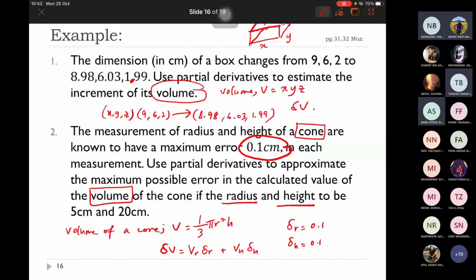This is the partial derivative. Try to get Vr. The partial derivative Vr will be 2/3 pi r h, and Vh will equal 1/3 pi r squared. So substitute into the equation.